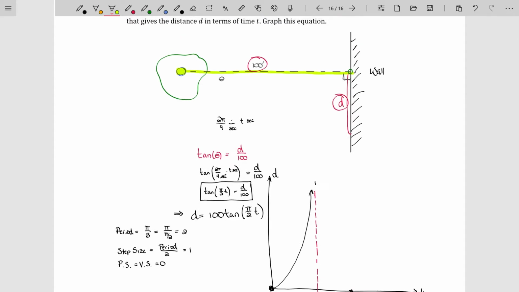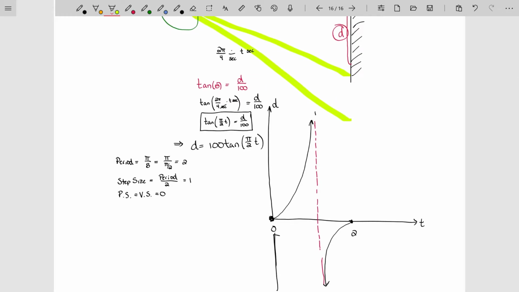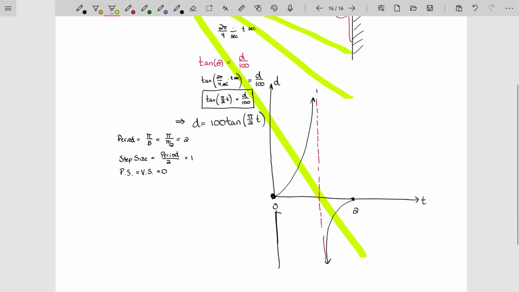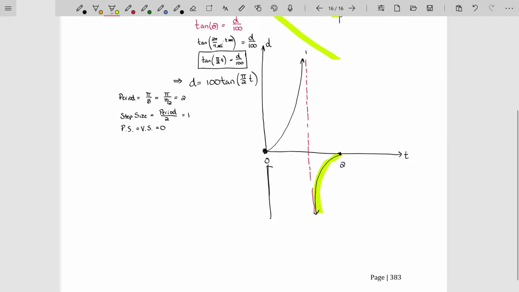And then as time goes on, that distance increases until about a second later, that light is beaming off to infinity, basically. And then, lo and behold, the other part of the light is coming around, and it's behind. It's a negative distance. It's this way, a negative distance, and it keeps creeping up until it's 0 distance again. And that's what that negative part right here is showcasing.